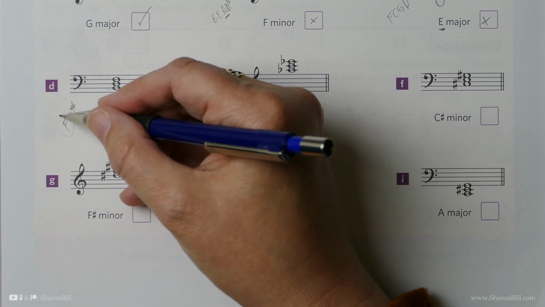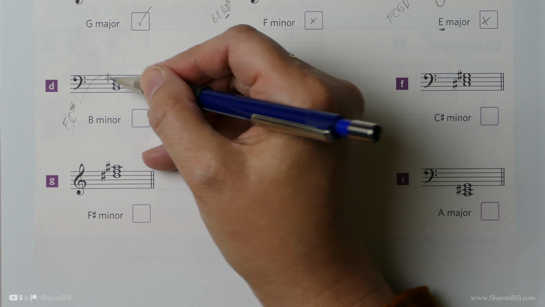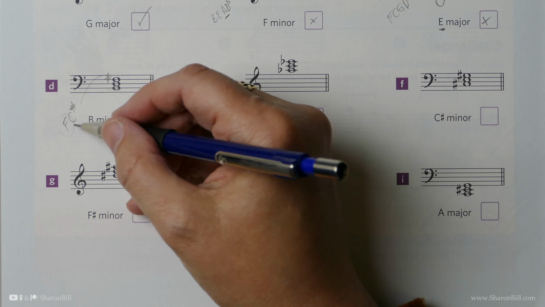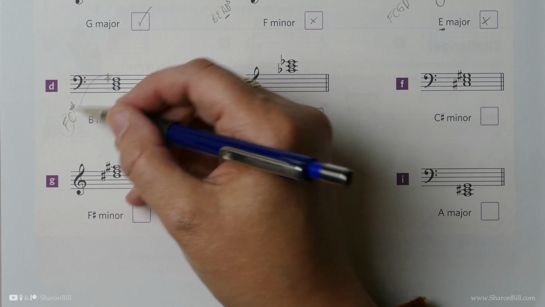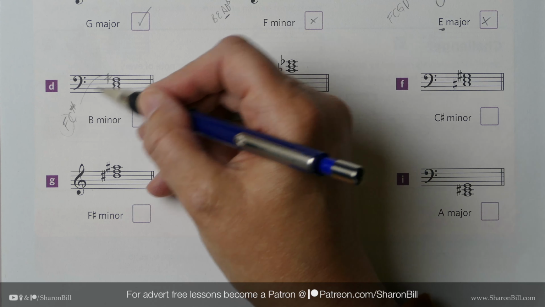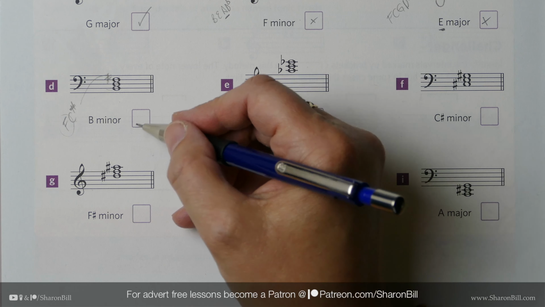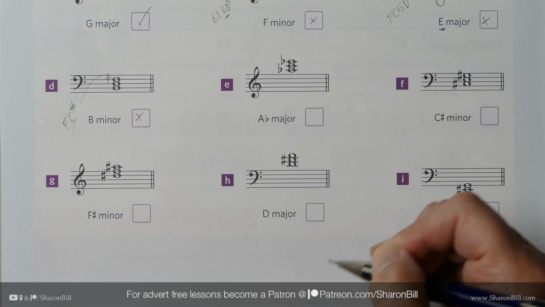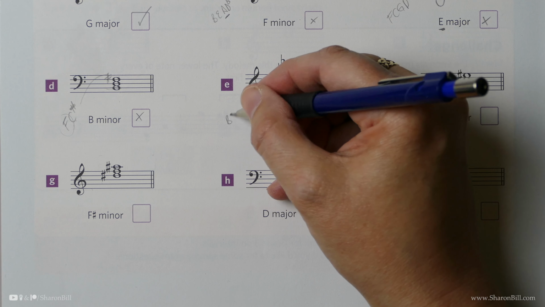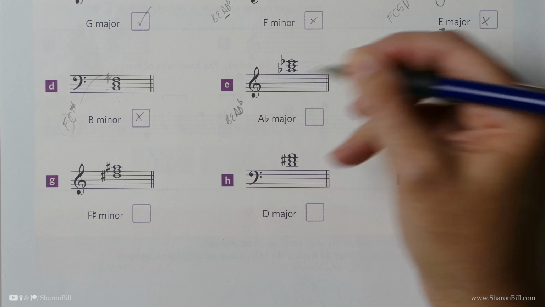However, there should be an F sharp here, B, D, F sharp. So that's not correct because it's not taken into consideration. If there was a key signature, it would do that job for you, but because there's no key signature, we've got to apply it as an accidental wherever necessary. So that's wrong.